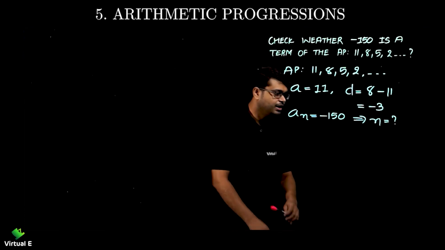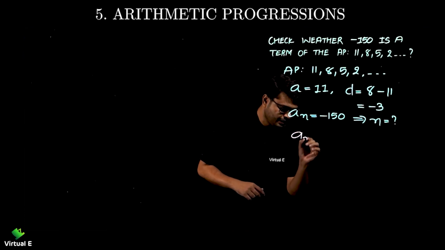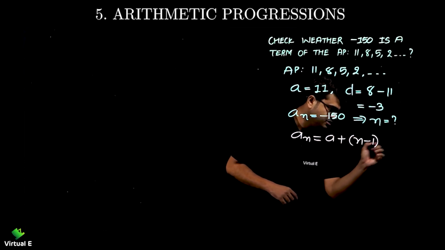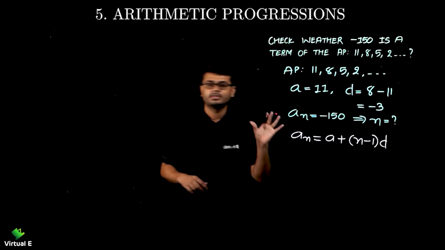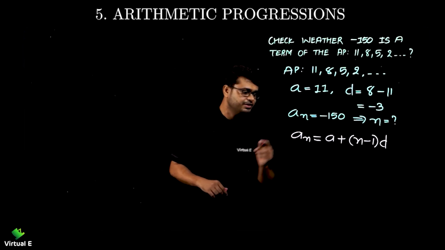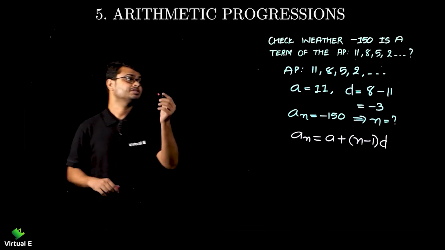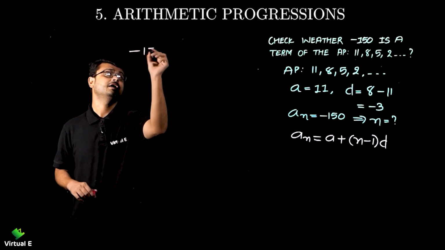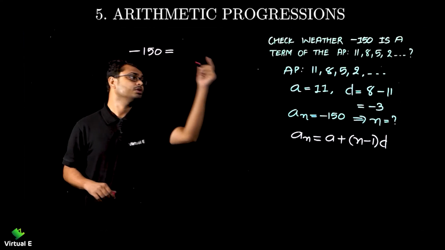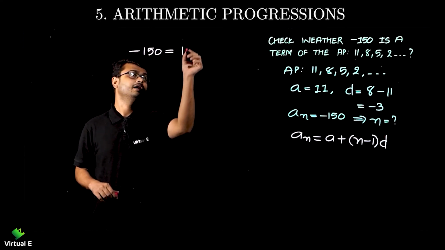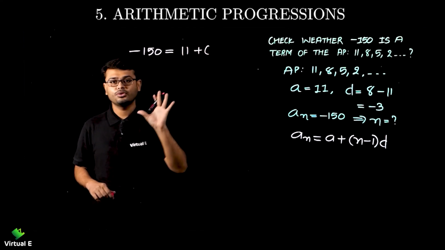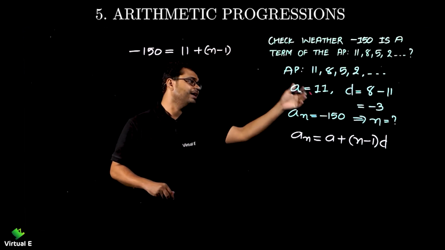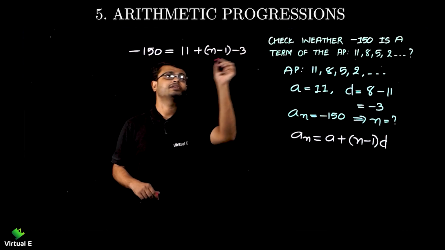Let's apply the formula. Here an is equal to a plus n minus 1 into d. This is the formula. Here let's write the value of an. In our case, what have we taken? Minus 150. Then the value of a is 11, plus n minus 1, we do not know n, we want to find it, and the value of d as minus 3.